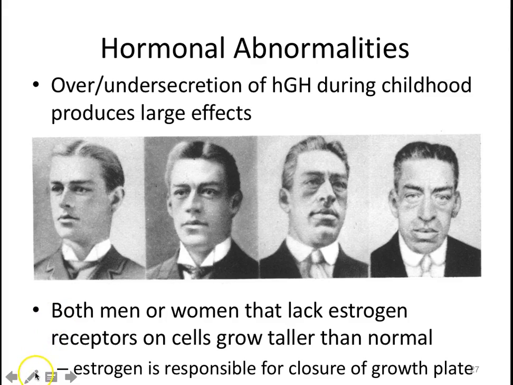What you're looking at here is a condition called acromegaly. So this individual that you're seeing here is suffering from something called acromegaly. What ends up happening is sometimes individuals keep secreting very large amounts of human growth hormone.